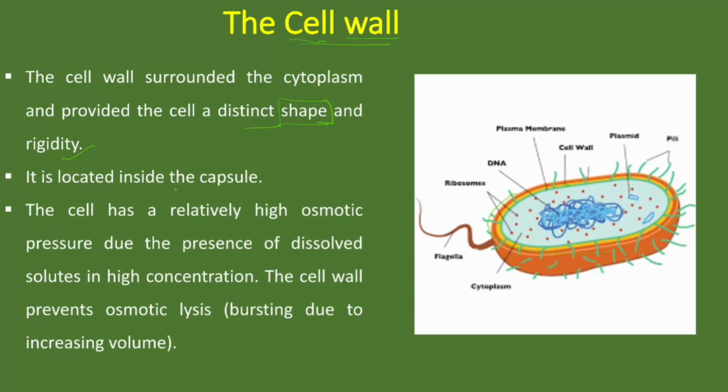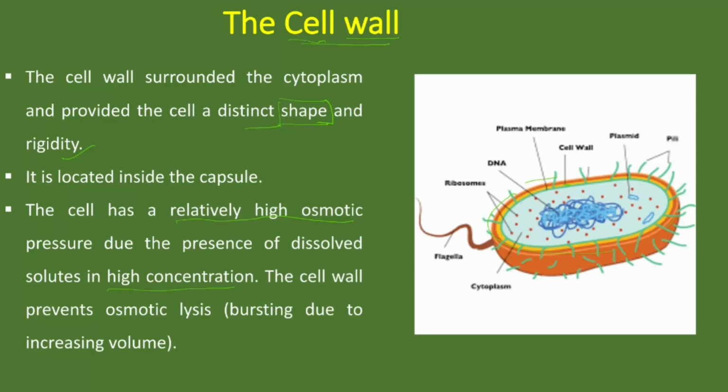It is located inside the capsule. The cell wall is present inside the capsule. The outermost layer is the capsule, and under it the cell wall is present. It has a relatively high osmotic pressure due to the presence of dissolved solutes in high concentration.